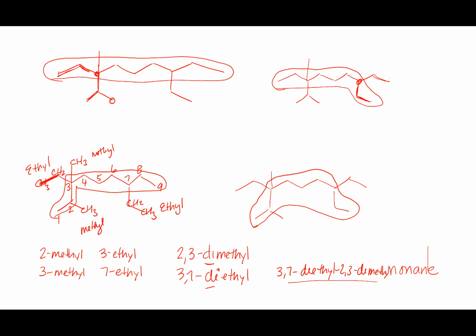And if we get really specific about commas and dashes, which I tend not to be, but the book, any computer grading might be, there's a comma between the numbers and a dash between the numbers and the letters. And then the dimethylnonane should probably be all one word.